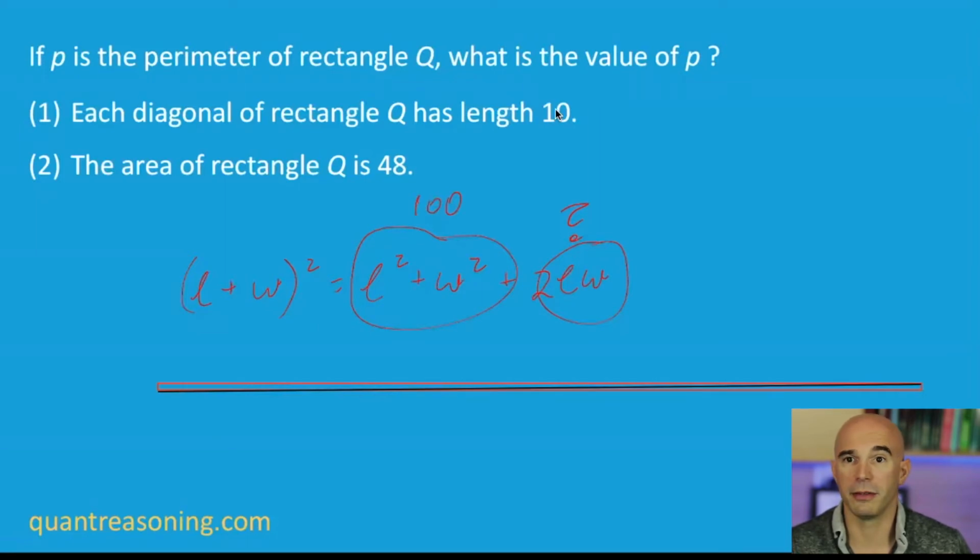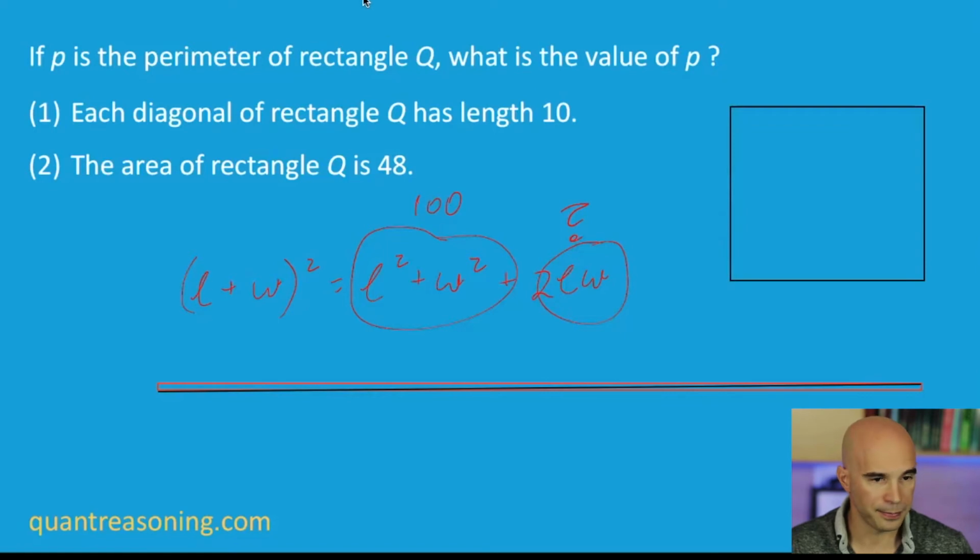But in the other extreme, if it's a square, then the perimeter would obviously not be 20. Why? Because, look at what the diagonal of a square looks like. You can see here that the perimeter is not double the diagonal. Can you see it or no? I mean, if the perimeter were double the diagonal, what would that mean? That would mean that this line is equal to the sum of these.